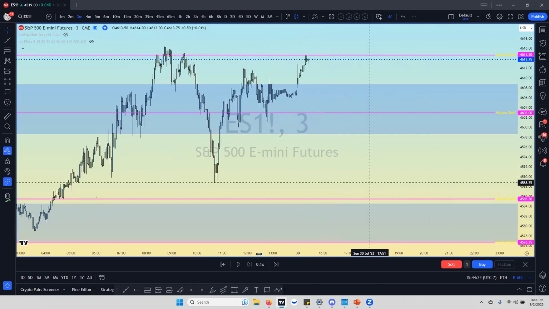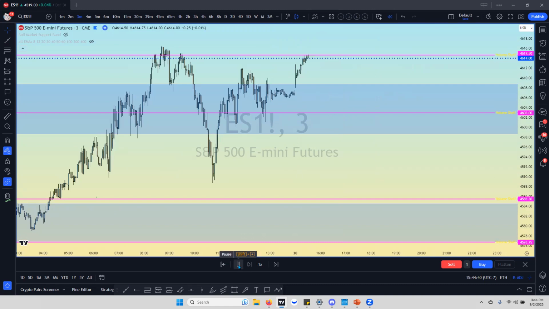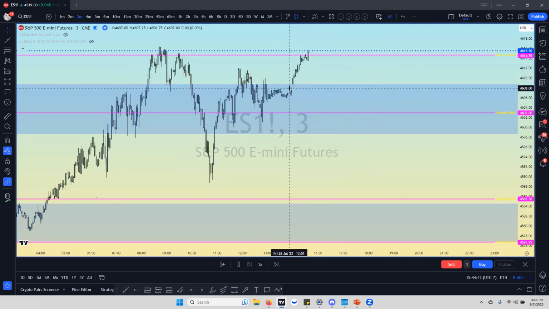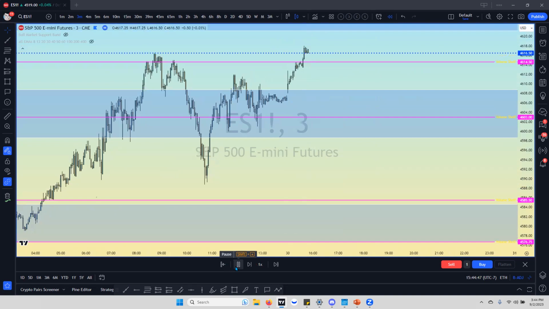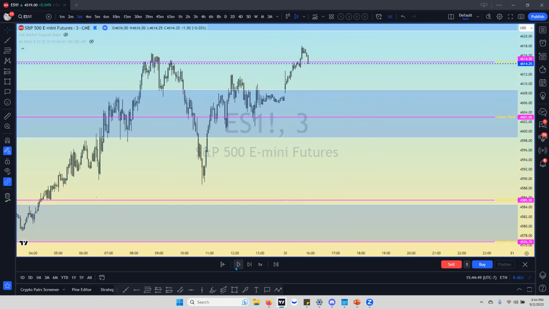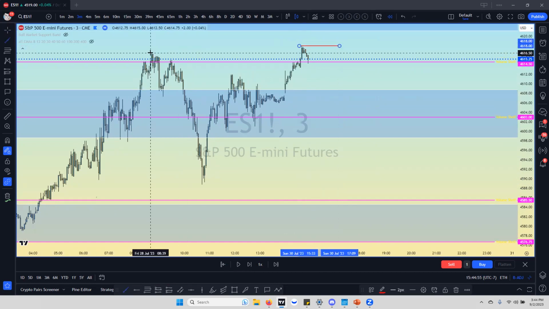Let me turn it to the next day. So gap up above it. Let's pause right there. So this right here, we gap up above it, and this becomes our new swing high.